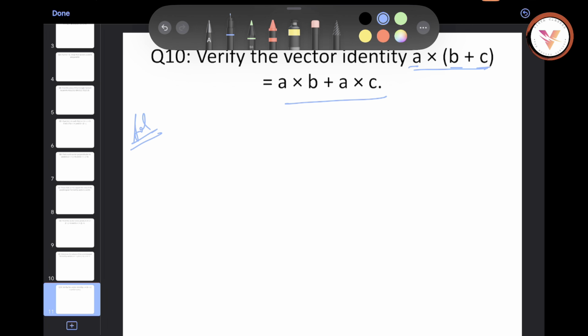So just solve it using some assumptions for A, B and C, if you want to prove it theoretically. Okay, but just you can remember that this.